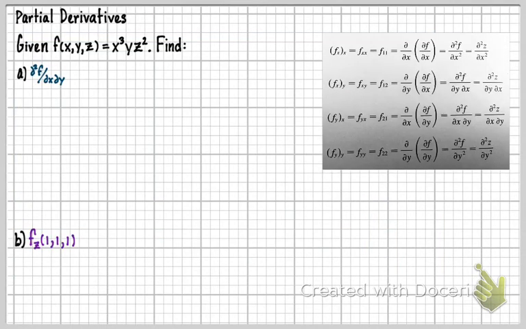So let's try these problems here. So this says d squared f over dx dy on the bottom there. And to the right here, I put all of the different forms for that. So if we're looking at this d squared f, that's a second derivative. But I'm first going to take df dy. So when I see this, this is what I see.